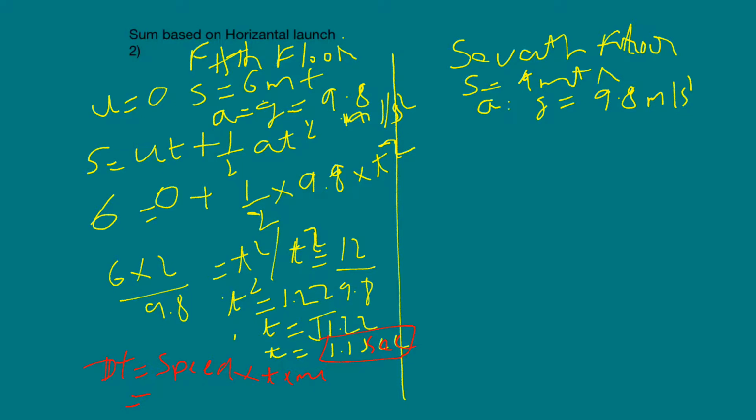Speed is here 7 meters per second for the 5th floor. So here we will write 7 meters per second, 7 into time 1.1. So we will get 7.7 meters for the ball launched from the 5th floor.